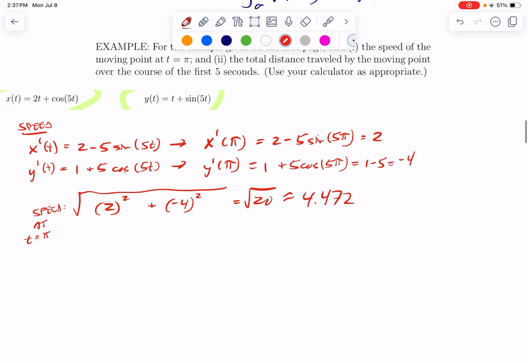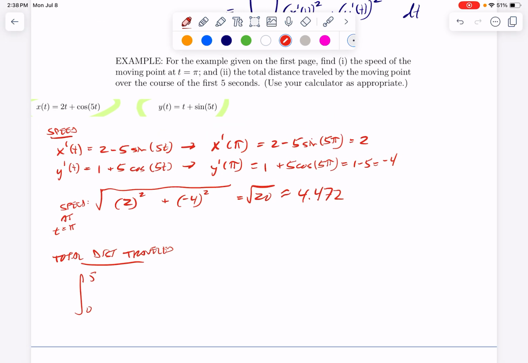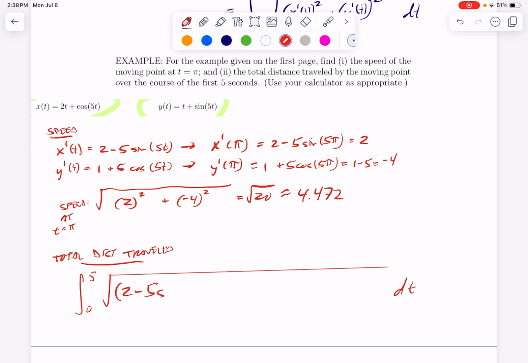Now to find total distance traveled, it would be the integral in this case from 0 to 5 of the square root of, so here we're not going to do specific numbers, we need these formulas. This is x prime, and we'll square it.